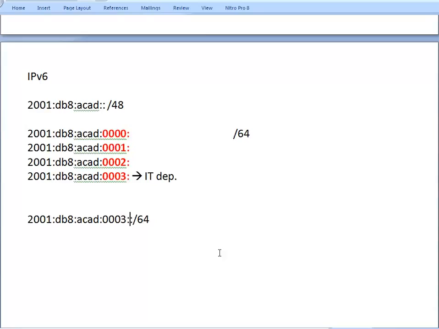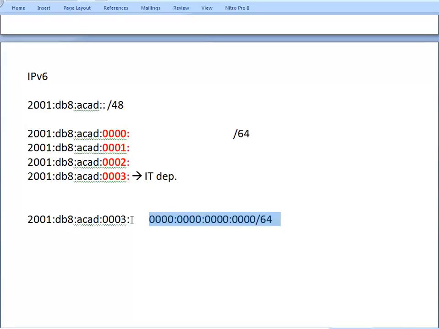So what they can do is write 1 2 3 4, 1 2 3 4, 1 2 3 4, 1 2 3 4. Here they can have different IP addresses. Up to here, this is all network ID that has been given to them.